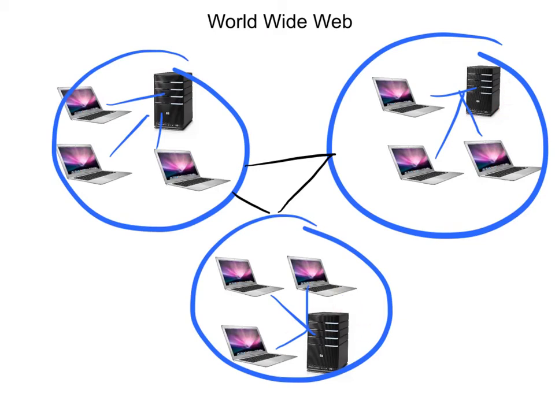And we discussed how servers have different purposes. Sometimes they're print servers, sometimes they're email servers, but sometimes they're web servers. So in this instance, these servers right here are specialized web servers. And when you connect all of these things together, that's what makes up the World Wide Web.